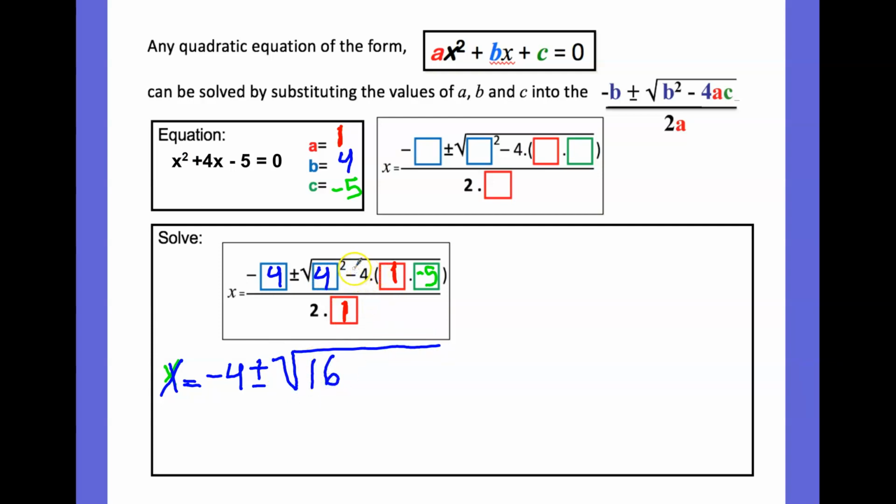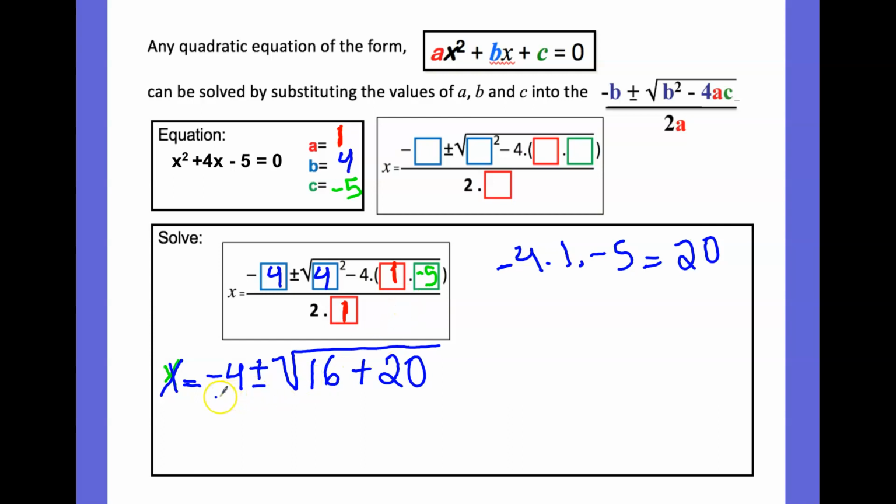Then 4 times 1 times negative 5 is negative 20, and negative 4 times negative 5 is positive 20. When you multiply a negative times a negative, you get a positive. So when you multiply all these numbers, you get positive 20.